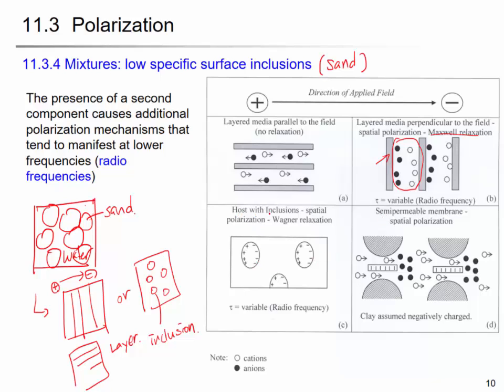And host with inclusion is a spatial polarization and Maxwell relaxation. This is the case where you have an inclusion, so this is the homogeneous dielectric material, and you have the water. And what is this one? Clay. You have a clay material and the water, and this is a particle.